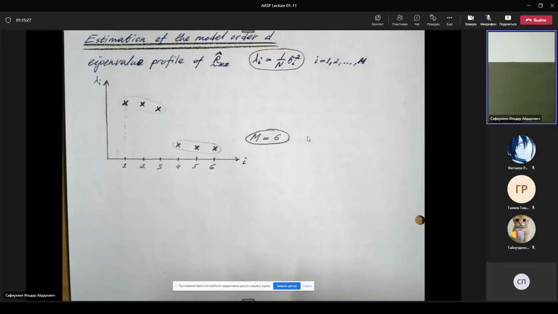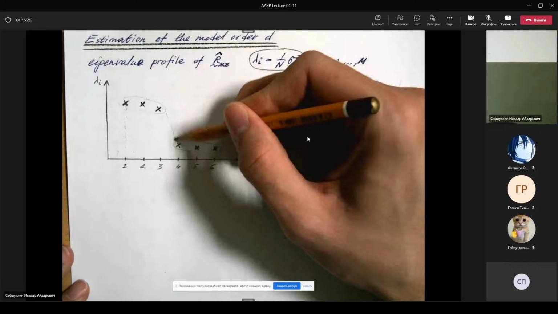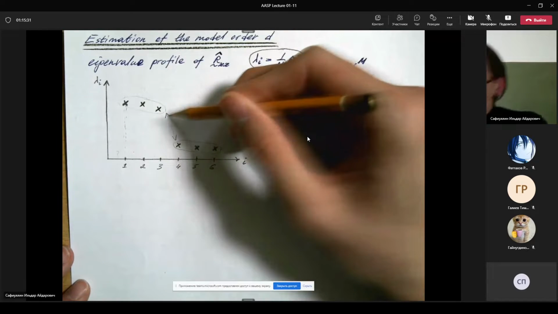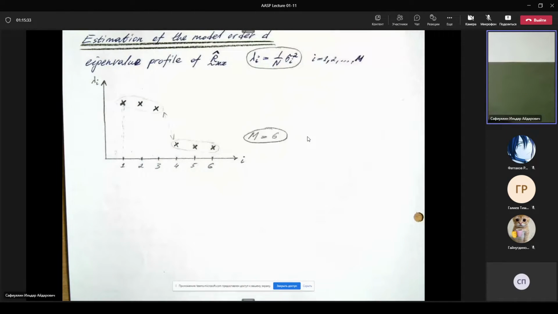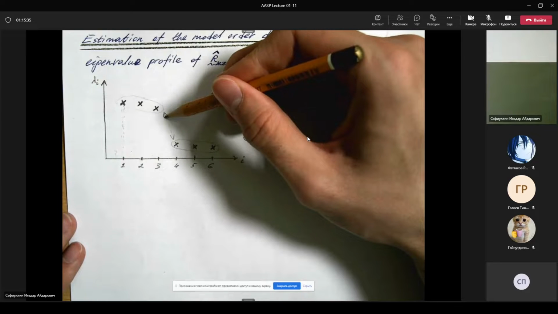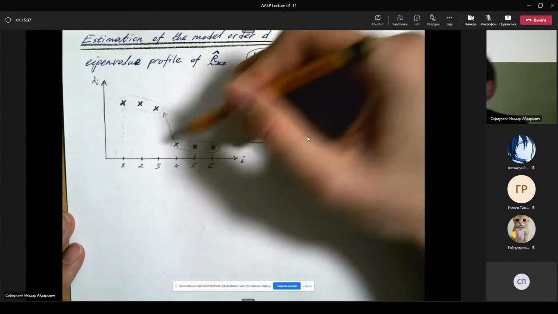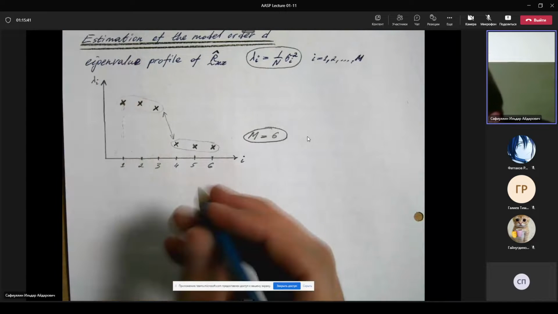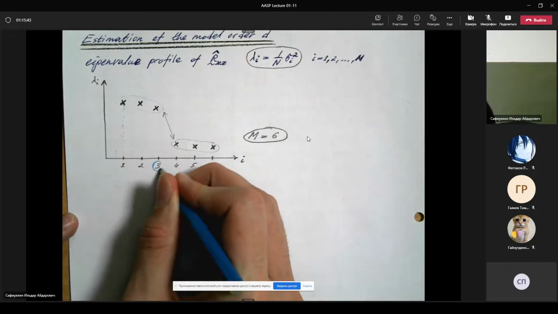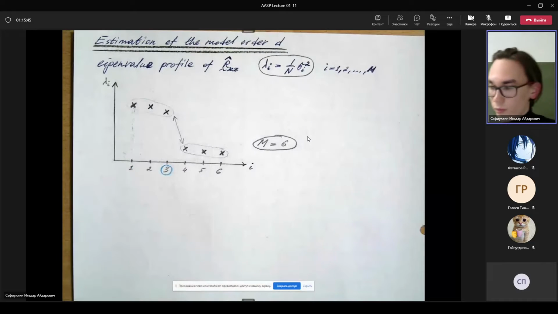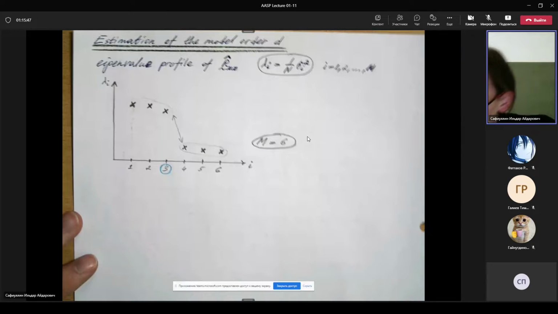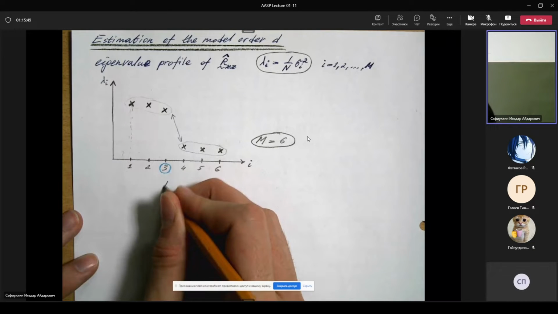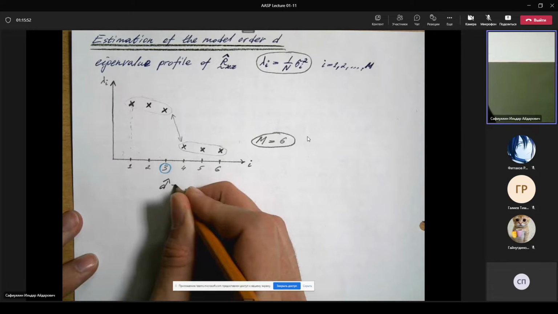And based on this gap between them, we can say that the model order in this case is equal to 3. So the estimation of the model order, D with a hat, is equal to 3.